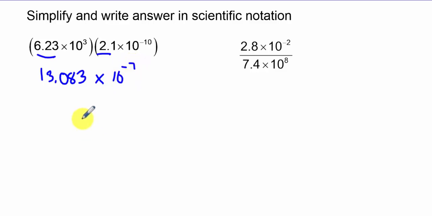Now in this case, we're going to leave the negative exponents because of scientific notation and not worry about taking the reciprocal. So again, we're going to need to make this a scientific notation number, and a scientific notation number has to be between 1 and 10. This is 13, so this is 1.3083.